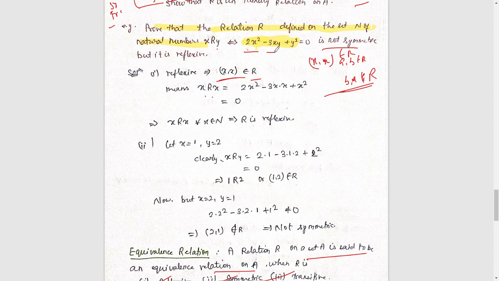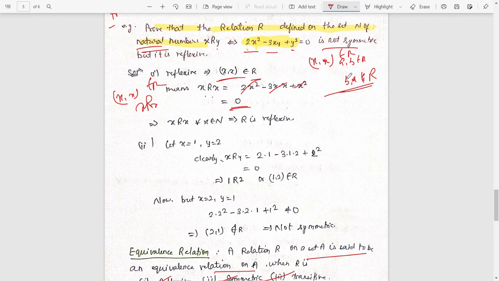Then it is 2x² - 3x·x + x², so this cancels out and the result is 0. If this is 0, it means x is related to x, meaning (x, x) belongs to R for any natural number. We're defining this on the natural numbers.